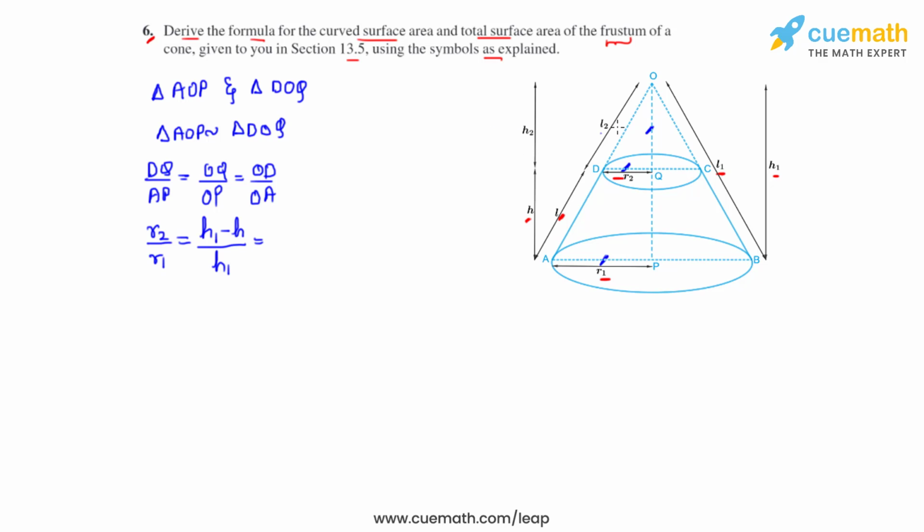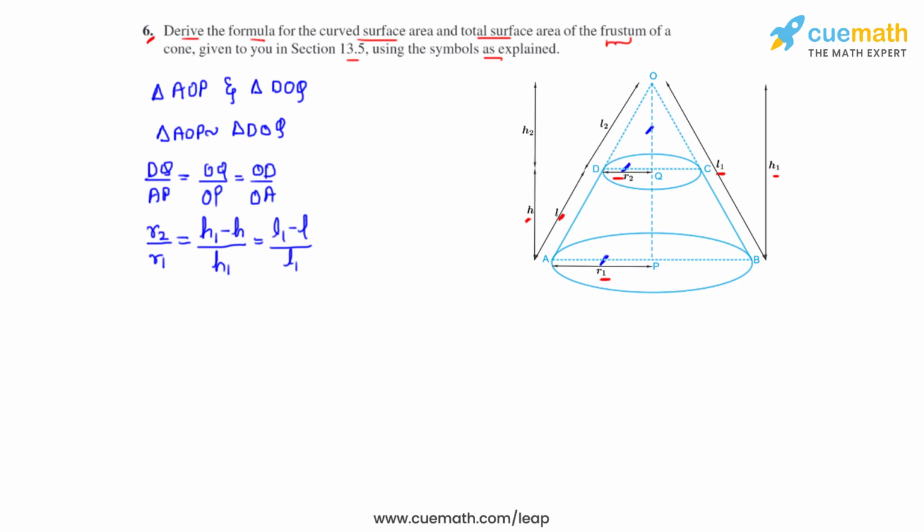OD is the slant height of the upper cone which got created when we created the frustum part. That can again be found by subtracting the slant height of the frustum part from the slant height of the bigger cone OAB. So that will be L1 minus L, divided by OA, which is L1.